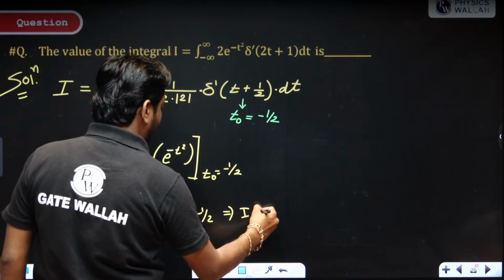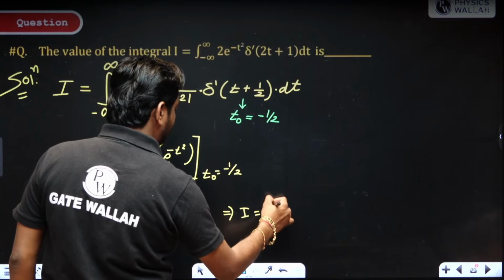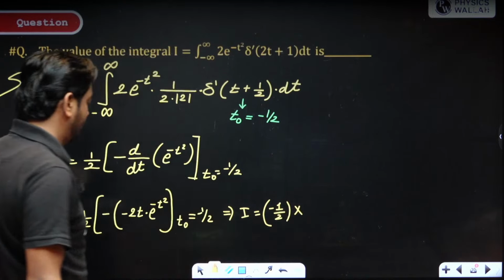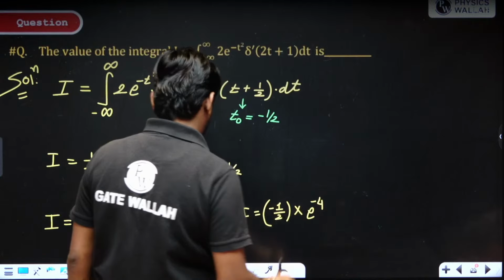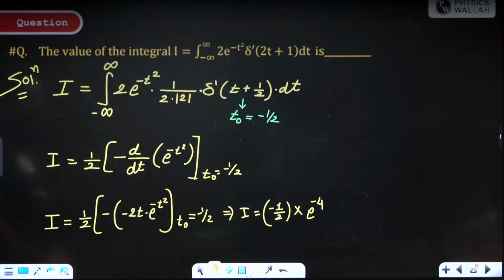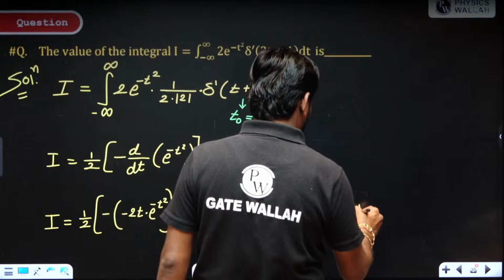So I is equal to minus 1 by 2 into e to the power minus 4, guys. Yes or no? So what is the answer? What is the answer, guys?